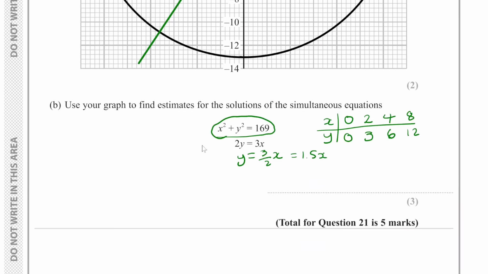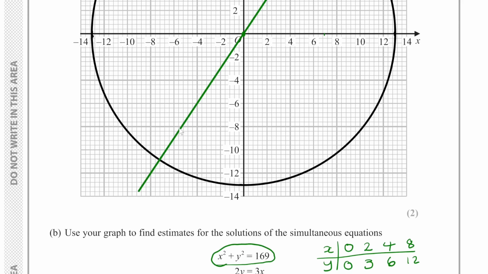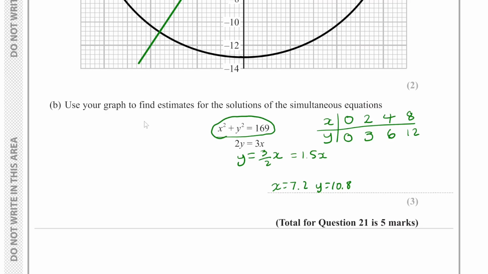So I've got x is 7.2, y is 10.8, or, now hopefully this is going to be very similar. So we had 7.2, we should now have negative 7.2 and negative 10.8. So x is negative 7.2 and y is negative 10.8.